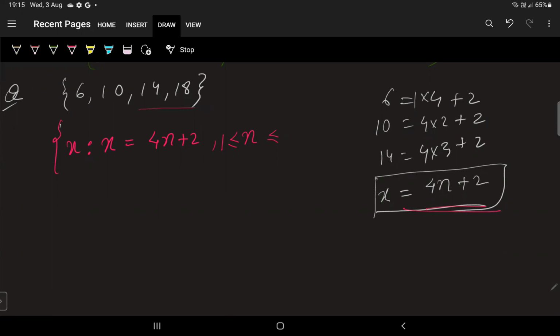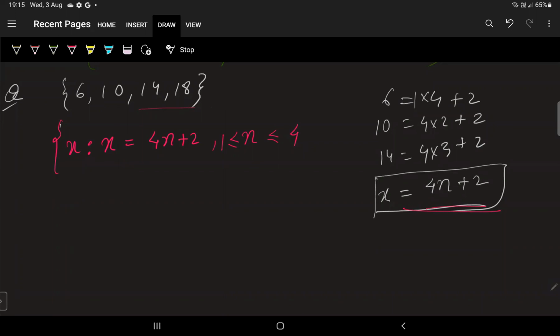If you put n equal to 1, 4 into 1 plus 2 is 6. If you put n equal to 2, you will get 10, 14, 18. You don't have any other number, right? So n should be lesser than or equal to 4. Fine, but still it is not complete.